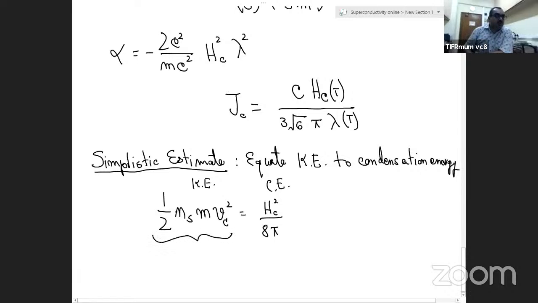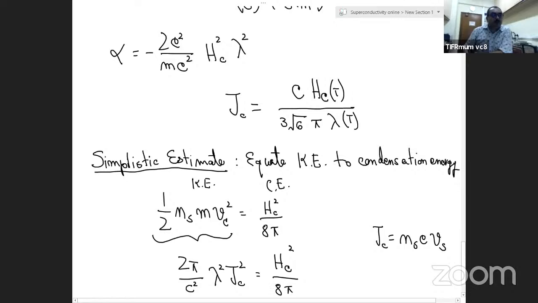Put the expression of ns here, and what you will get is 2 pi by c square lambda square, and then you convert this Vc to Jc by using Jc equal to ns e Vc. So this is what you get here, and that is equal to Hc square by 8 pi.